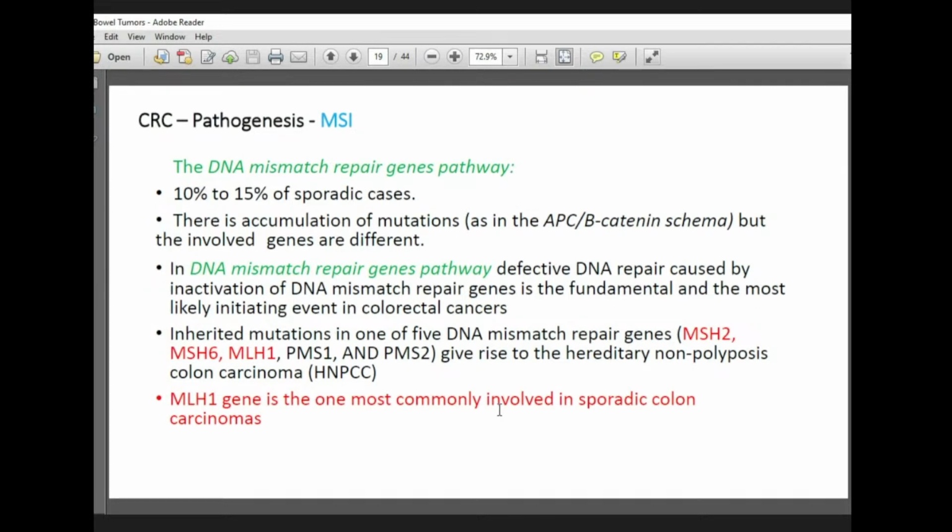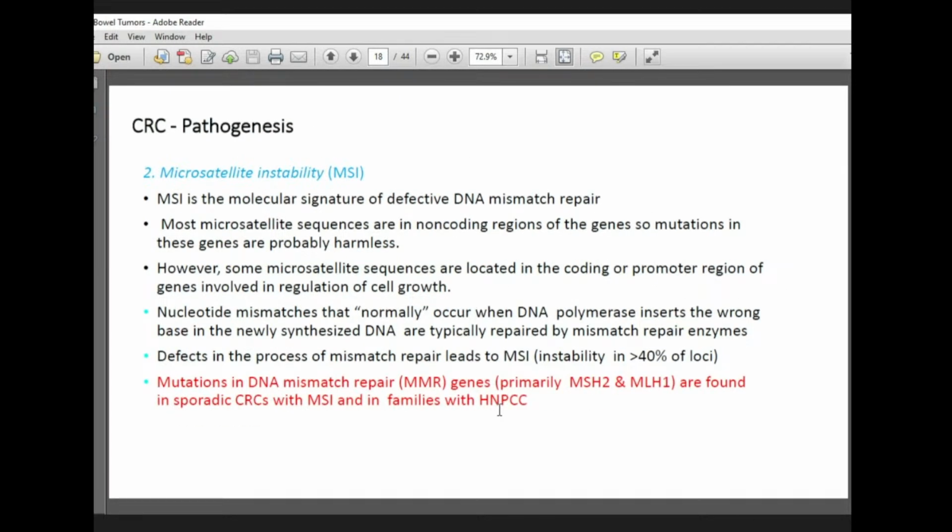So in both sporadic as well as inherited cases, you find microsatellite instability and involvement of MSH2 and MLH1.